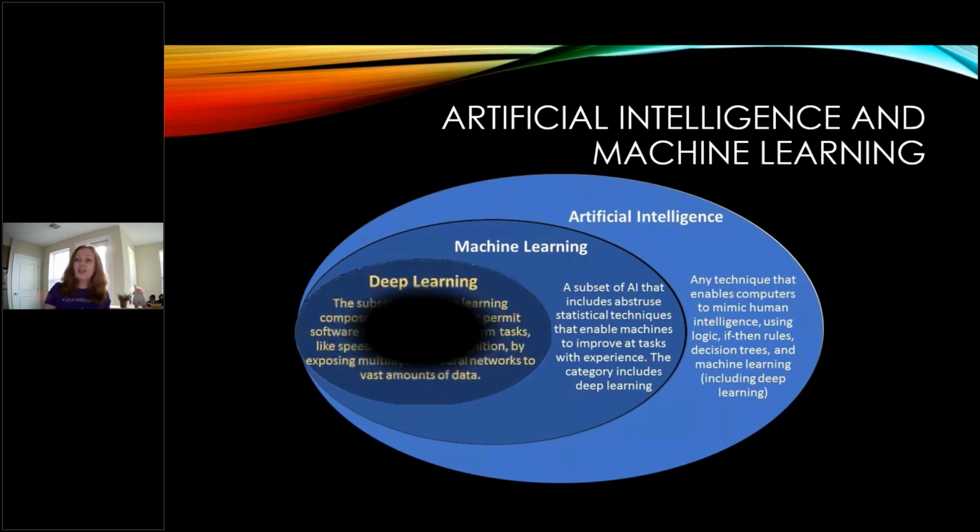And then the third part here is deep learning. And deep learning is a subset of machine learning. So when you have a lot of data, you are trying to organize it and use it in the most efficient way. So you are creating multi-layered neural networks.